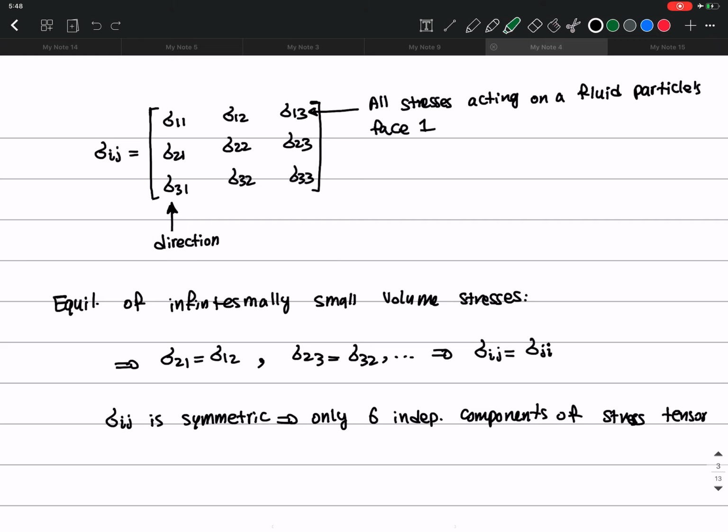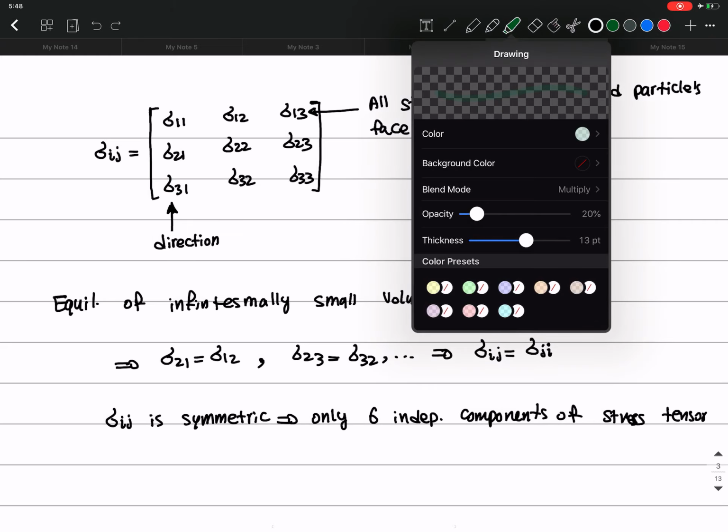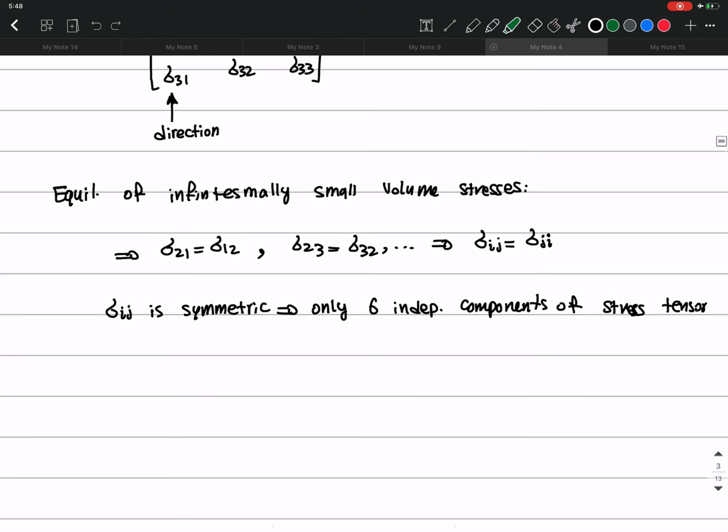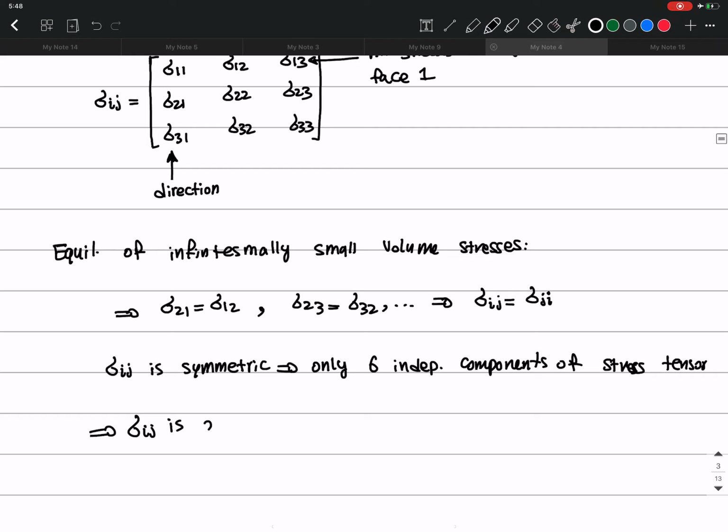So the only independent components are this part of the matrix. These components are all independent. Okay? So we call sigma ij a second order symmetric tensor.